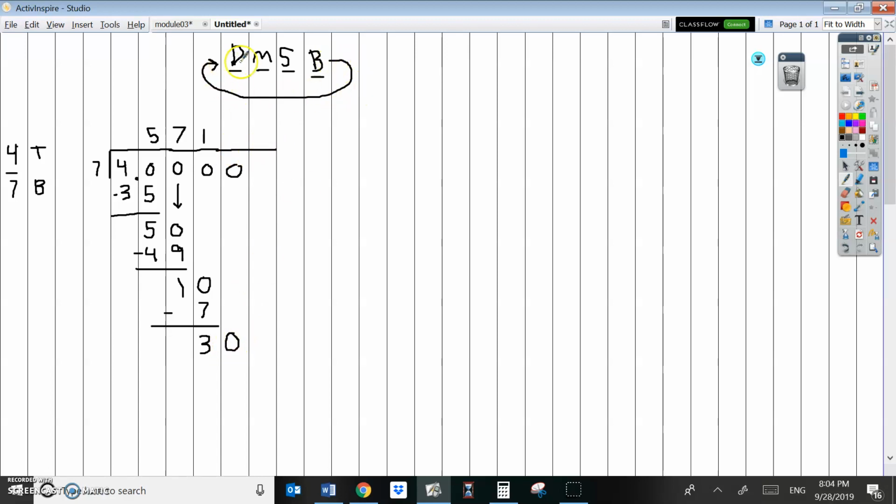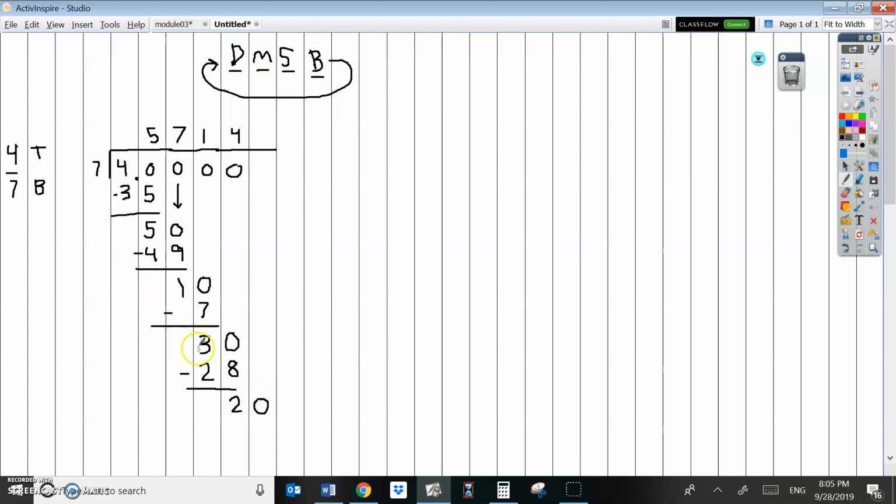Back to the beginning. Divide. How many 7s in 30? 4. Multiply. 4 times 7 is 28. Subtract. 2. And bring down. Back to the beginning. Divide.